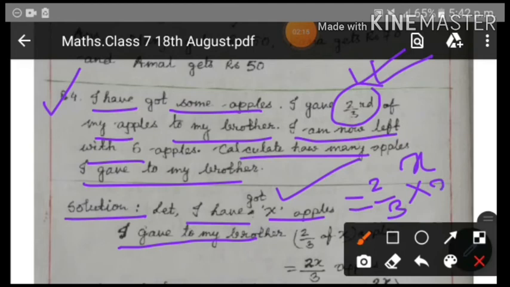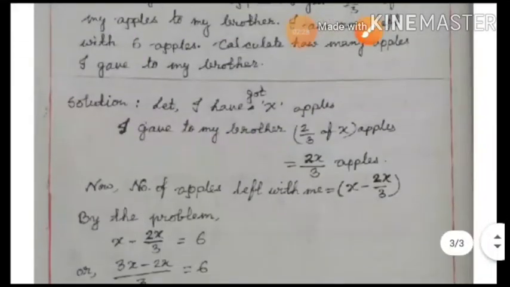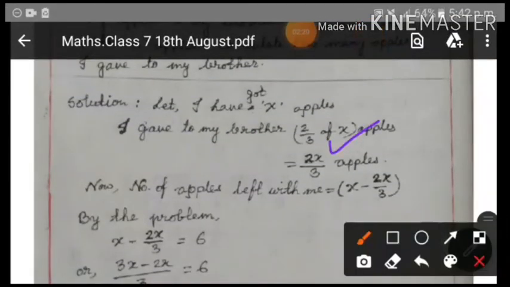2/3 of x means 2/3 into x. Now the numerator, it will get multiplied and you will get 2x by 3. This is the number of apples which your brother gets. So your brother gets 2x by 3 apples and you have x apples.